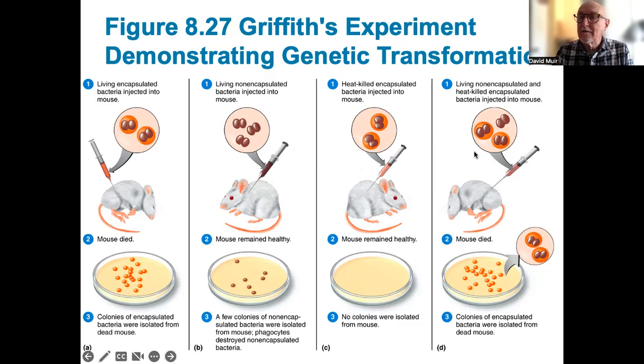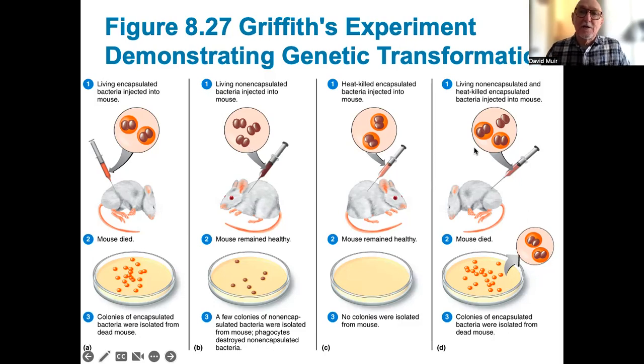There's no living smooth to cause disease. How then does disease get caused? And even more mysteriously, how is it when he plates that he now gets smooth growing on the plate? The smooth were dead. Only the rough was living.